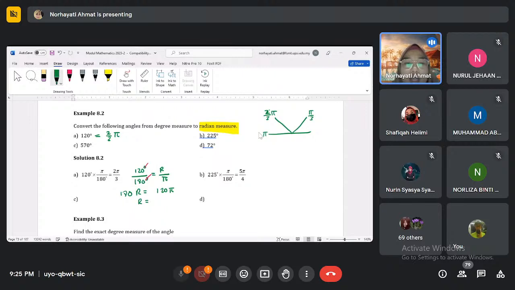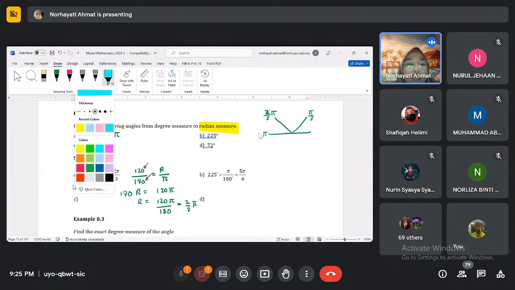Therefore, R is 120 pi over 180. Simplify, give us 2/3 pi. Sama je macam apa yang saya tunjuk dekat sini.